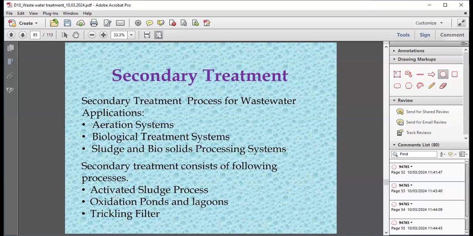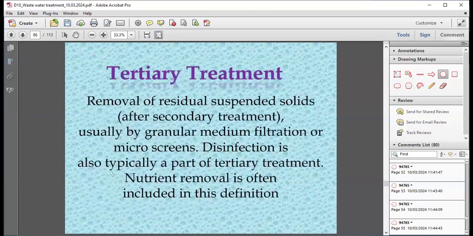Secondary treatment consists of the following processes: activated sludge process, oxidation ponds and lagoons, trickling filter. Tertiary treatment: removal of residual suspended solids after secondary treatment, usually by granular medium filtration or microscreens.